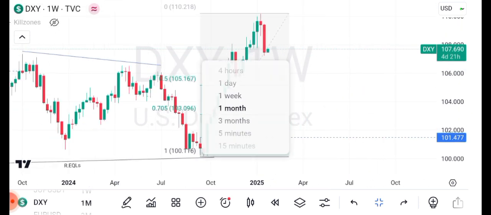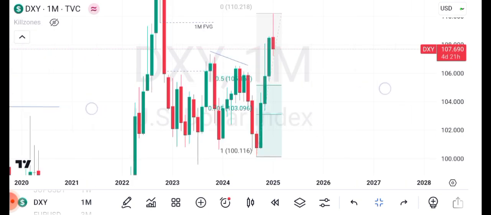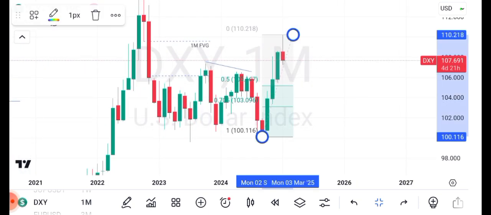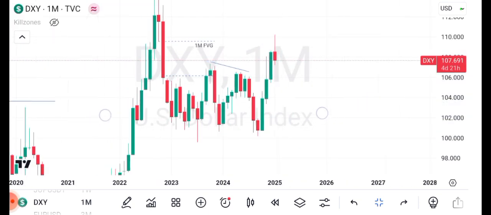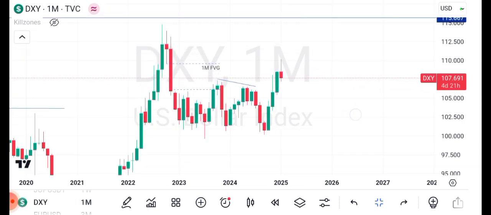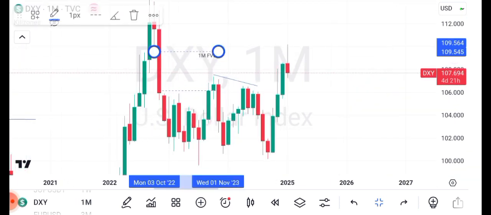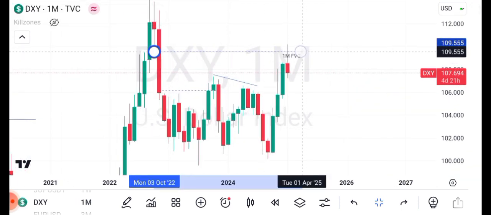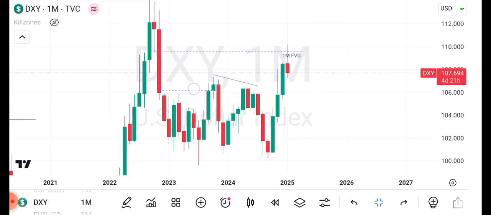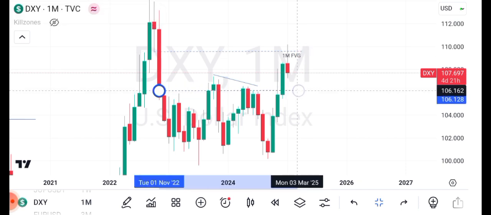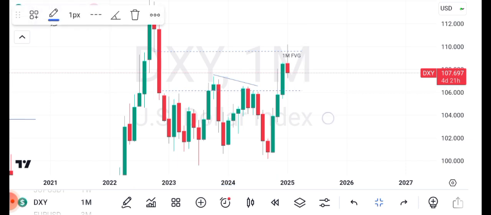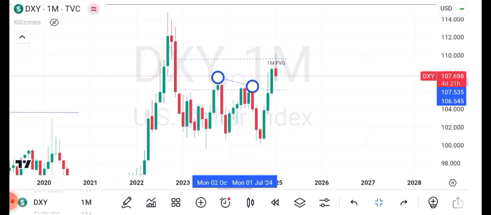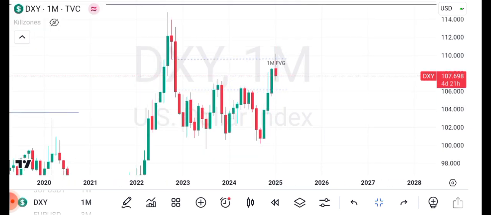Let's see how the outlook is on your monthly time frame. Can you see this, guys? So presently we can tell that price just filled up our 1 month fair value gap. We had the fair value gap here on our 1 month. So price had just filled that up.